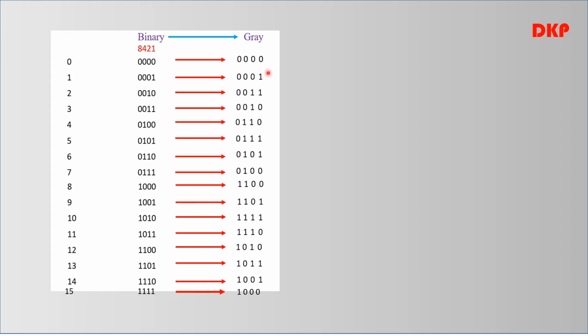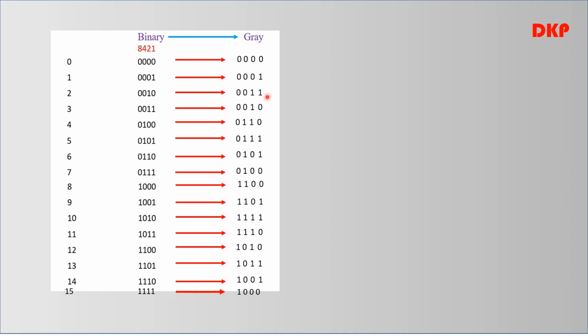This code is having 0 in the third place, and this code is having 1 in the third place. The rest all bits are the same for these two codes.